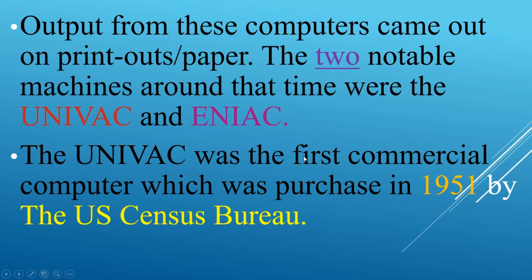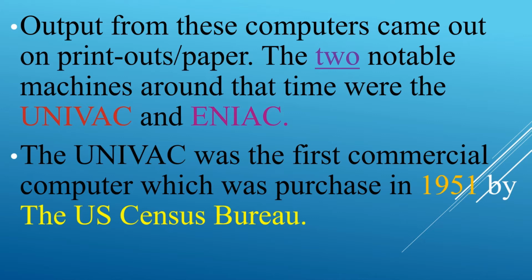The UNIVAC was the first commercial computer, which was purchased in 1951 by the US government, that's the US Census Bureau. This happened when the US government decided to populate a census.